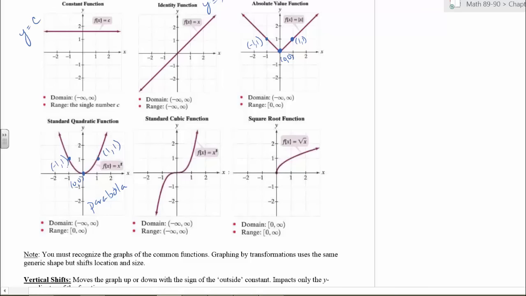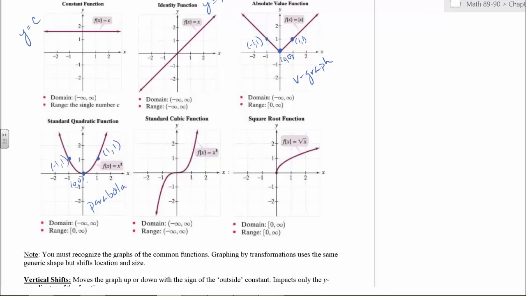So notice on the parabola and the absolute value function, sometimes this is called a V graph because it comes to a sharp point versus the parabola, which is smooth and continuous there. We have the same 3 ordered pairs, but the shapes are pretty different. And that comes in just knowing what the equation looks like.